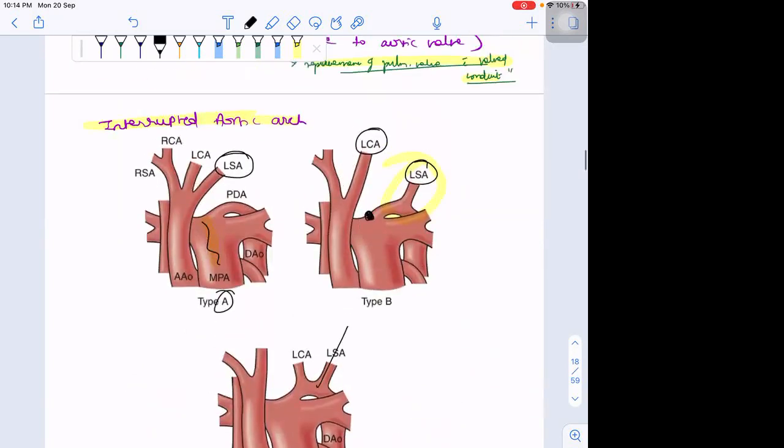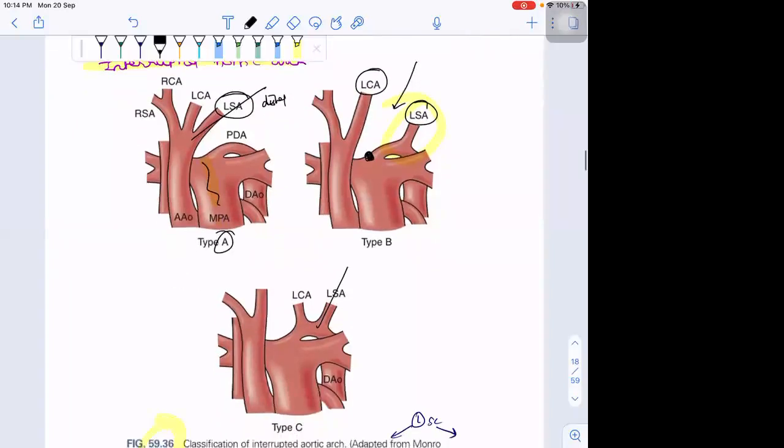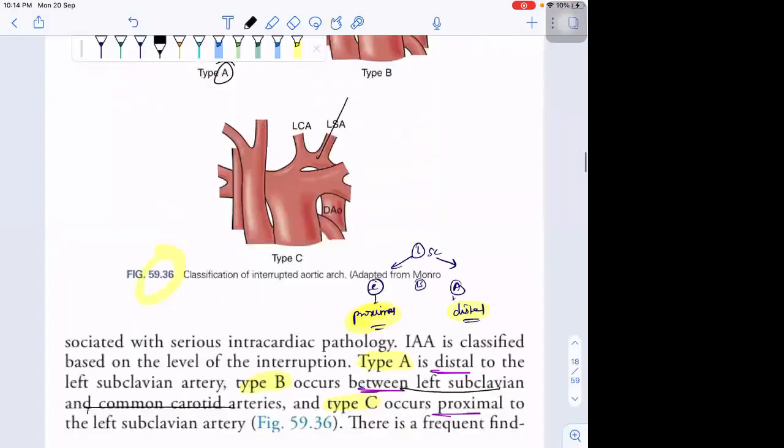Once again: type A is distal to the LSA, type B is in between the left common carotid and the LSA, and type C is proximal to the LSA.